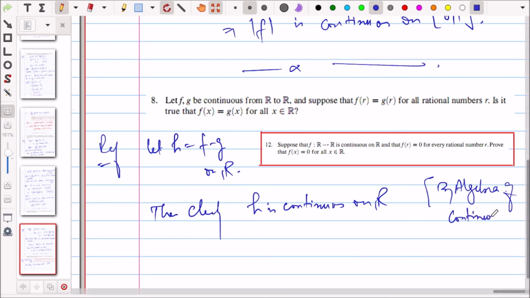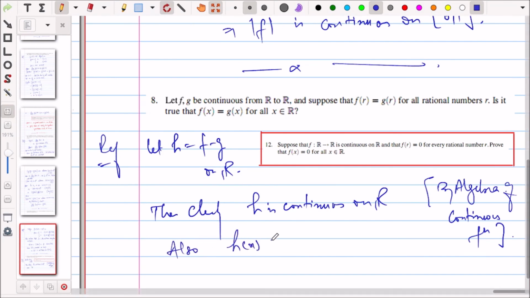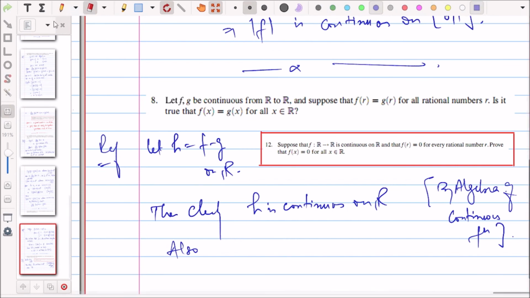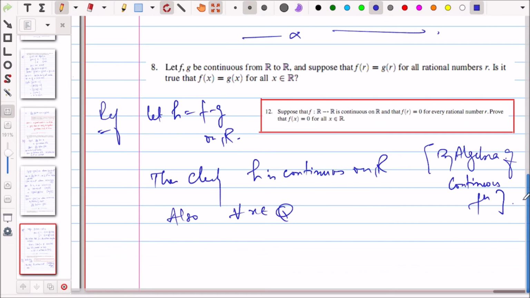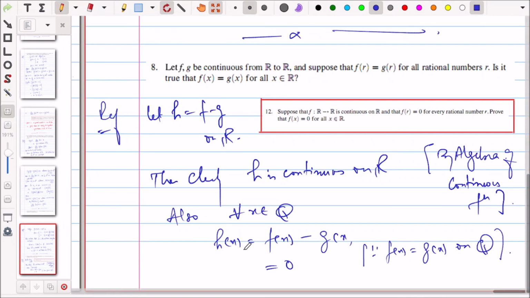Also, for all x in Q, h(x), which is equal to f(x) minus g(x), is equal to 0, since f(x) equals g(x) on Q. On Q they are the same, so it is 0. So h is equal to 0 on the rationals and h is continuous.